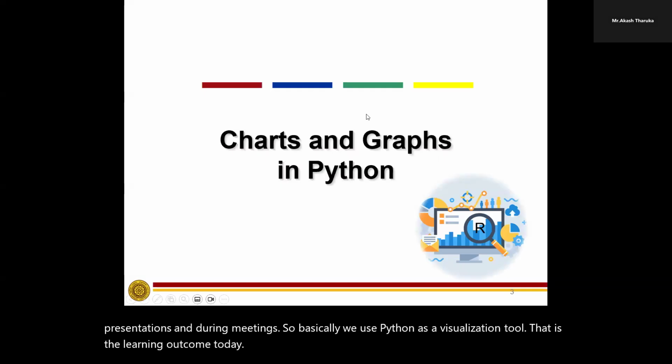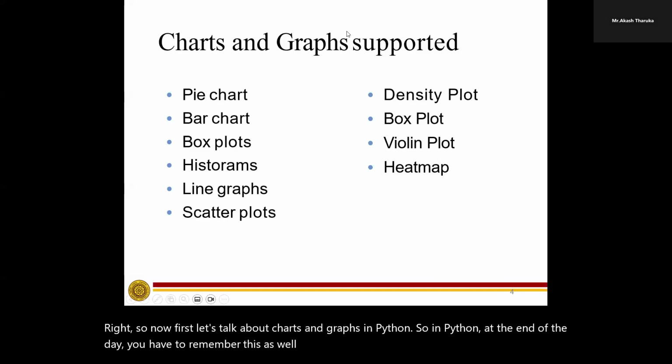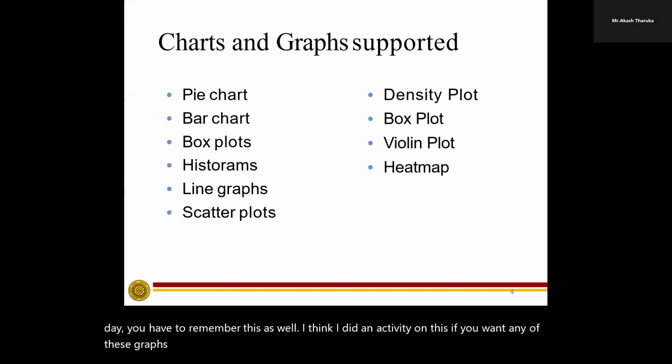Now first let's talk about charts and graphs in Python. At the end of the day, you have to remember this as well. I think I did an activity on this. These graphs are not available by default in Python, so you have to install these libraries using pip.